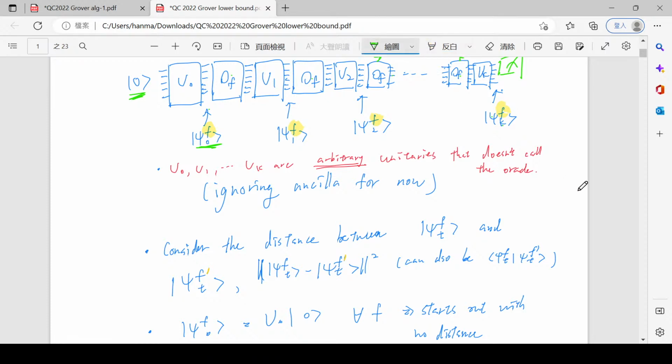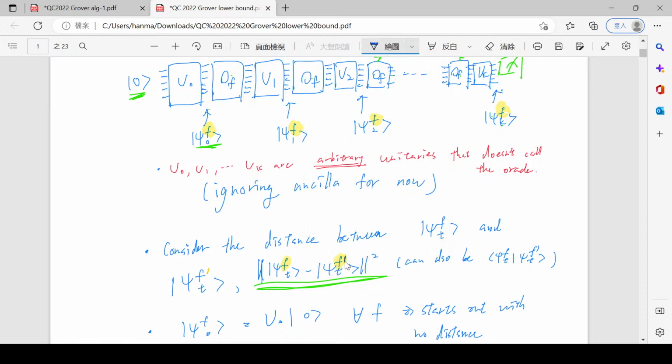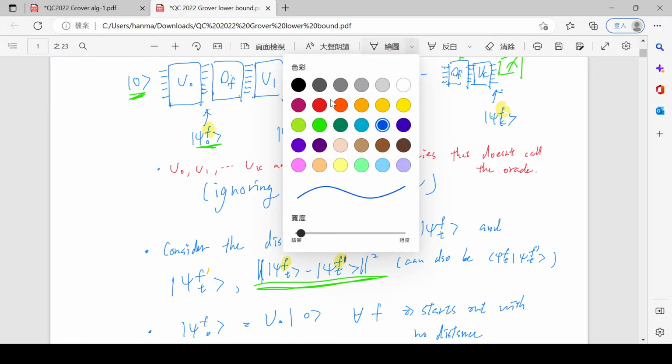Now the idea is that we will track the distance between those states for different input strings, and see how this number changes. So we have f and f prime.